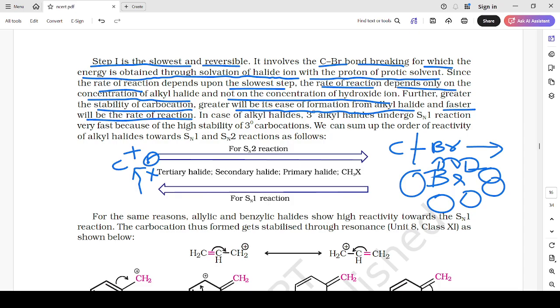In case of alkyl halides, tertiary alkyl halide undergoes SN1 reaction very fast because of high stability of tertiary carbocation. So we have studied SN1 now, where you can see tertiary is greater than secondary, then primary, then methyl halide.